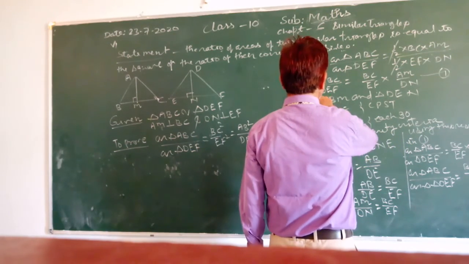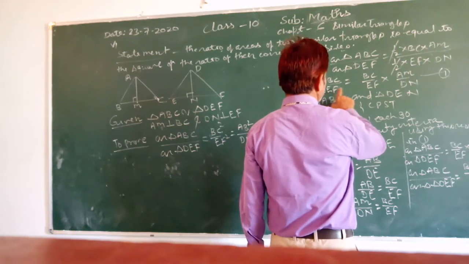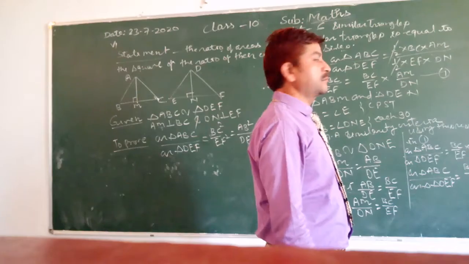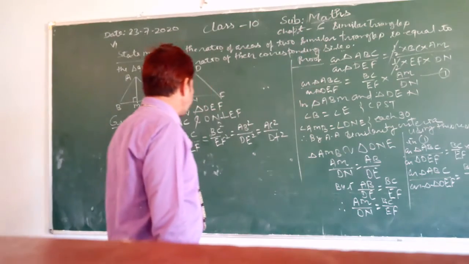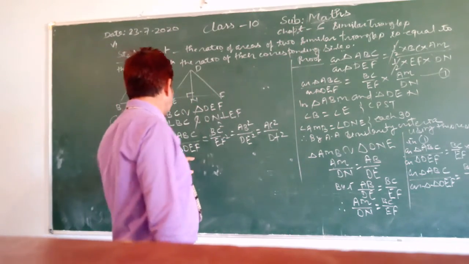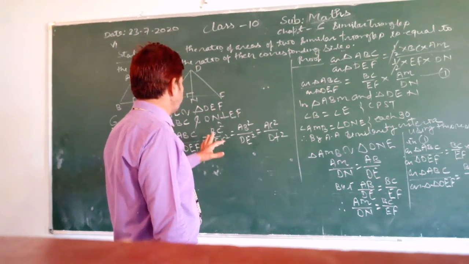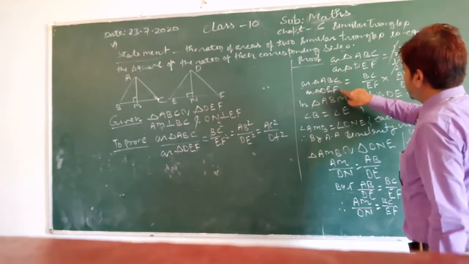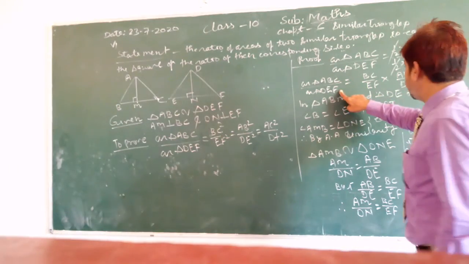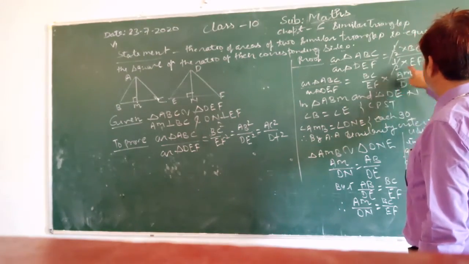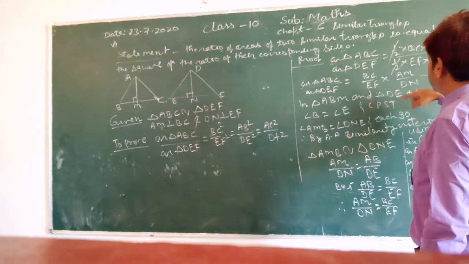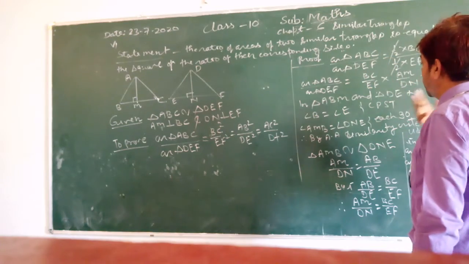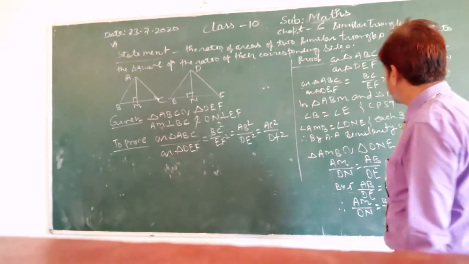Thus, area of triangle ABC upon area of triangle DEF is equal to BC upon EF into AM upon DN. We have to prove it equals BC square upon EF square. Now we have to change AM upon DN to BC upon EF. Then we will get the required result.